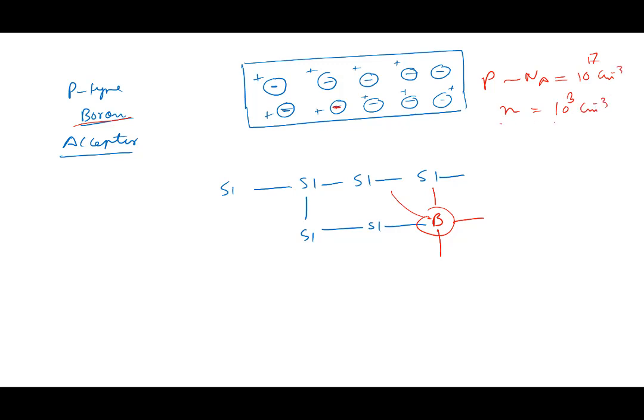So very few electrons are here and a lot of holes are here. Right, so that's the picture of a p-type, and you have a picture of an n-type. These two semiconductors are there, n-type and p-type.